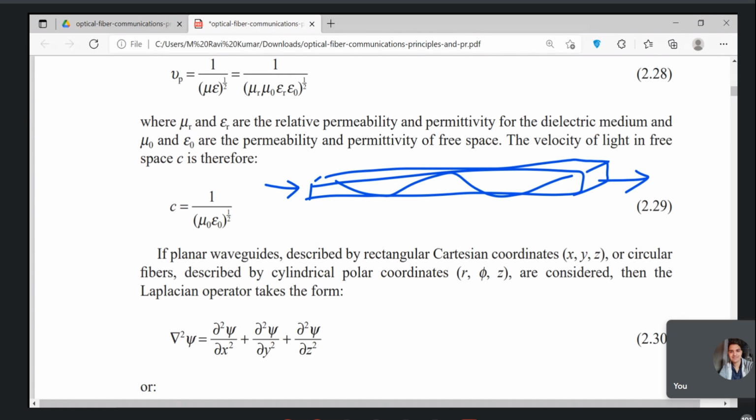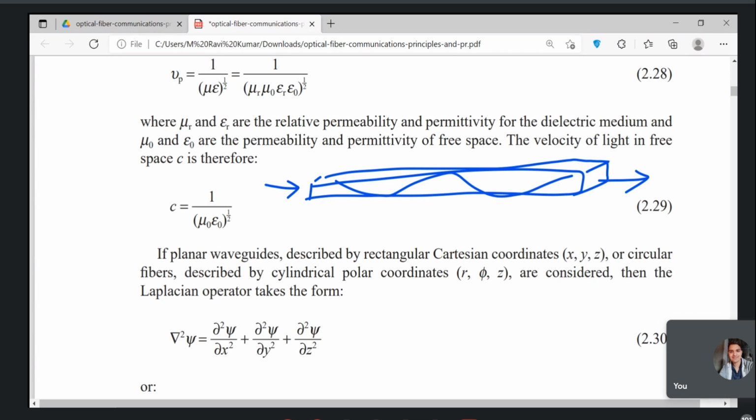So this would be a planar waveguide. The planar waveguides are used in some specific cases wherein it becomes easier with multiple layers and multiple materials.